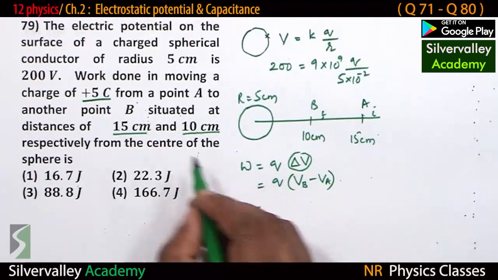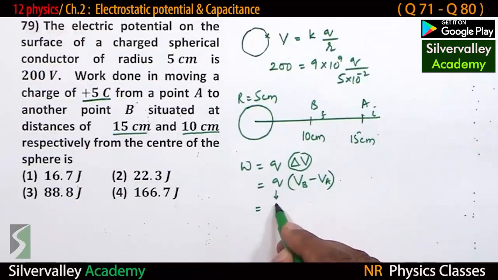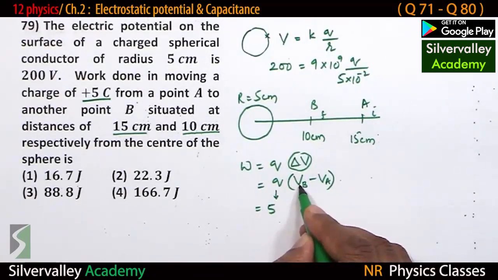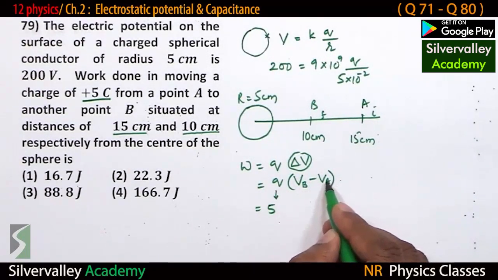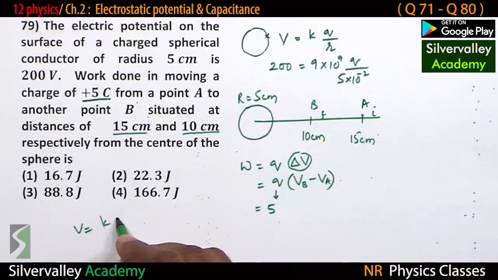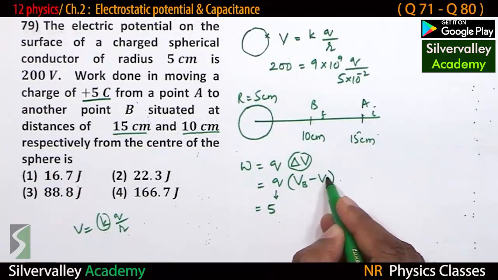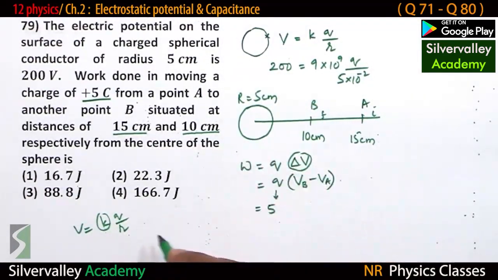Now this charge is 5 coulomb. In potential difference, potential is constant Q by R. Therefore the constant and the charge on the sphere are common factors.